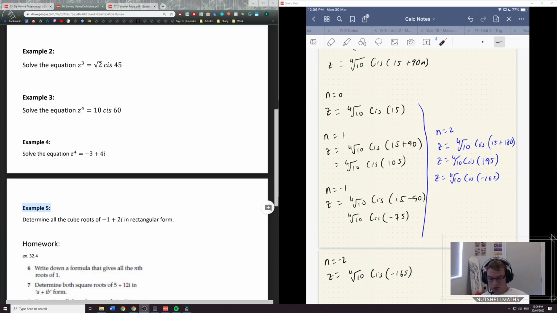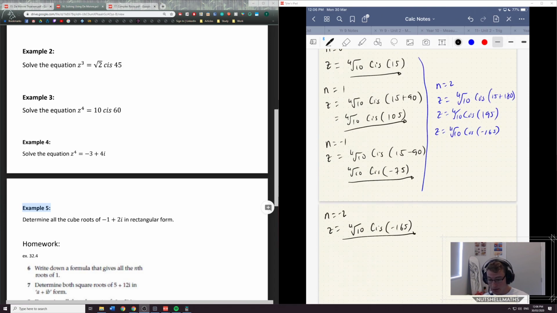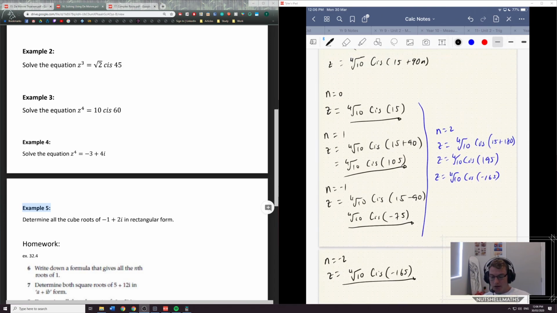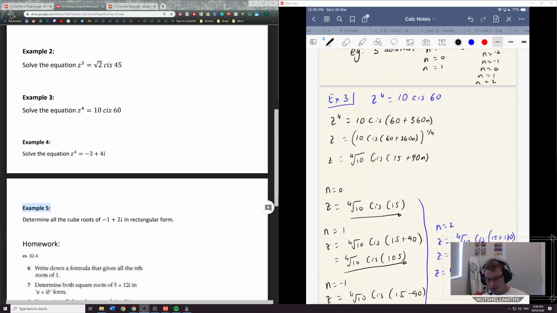It just means that 2 produces the same solution as -2. Remember, n is not the solution. These are the solutions for z. n is the rotation. So these are our answers. I'll even underline those properly. So my answers, because the question is, these are our answers. It's hard to wrap your head around, but the way I think about this is that we're trying to find z to the 4th power.